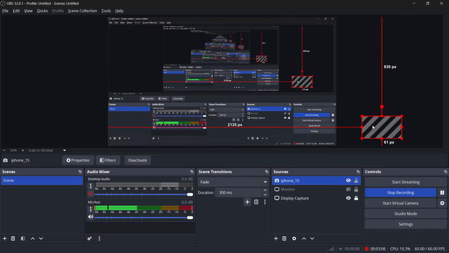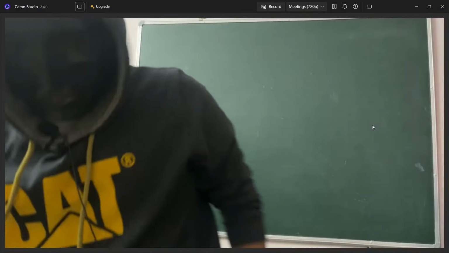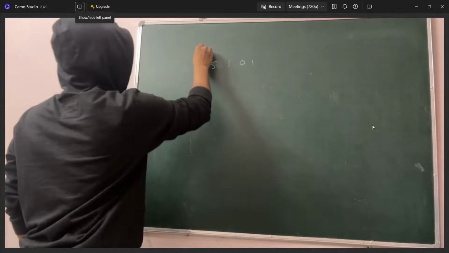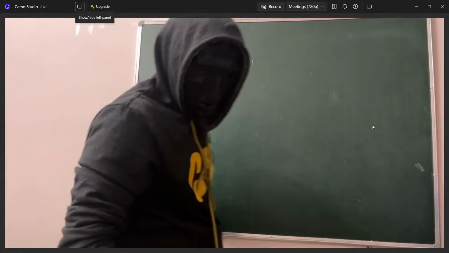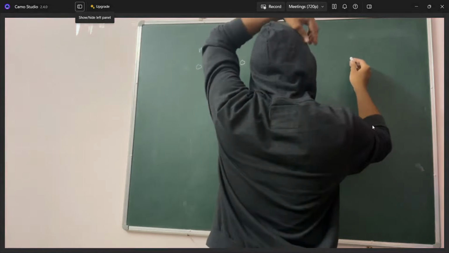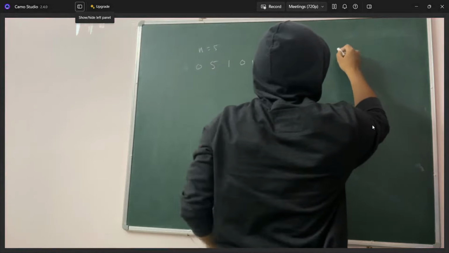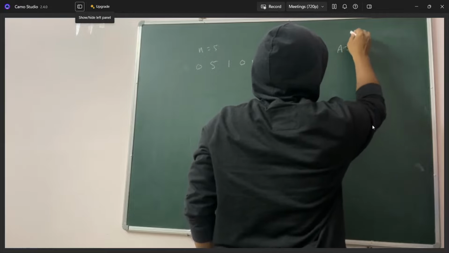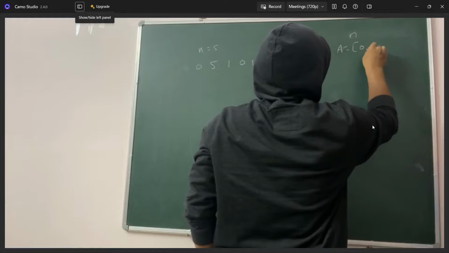Let's go to the board. Okay, they've given 0 5 1 0 1. This is an important example, we'll have to focus on this, but before that let's try to understand the problem statement. What they're saying is, initially we have an array A whose size is n and all elements are 0.